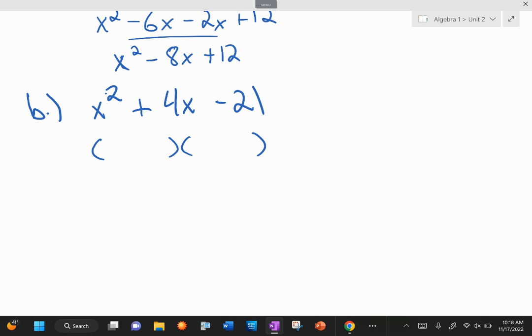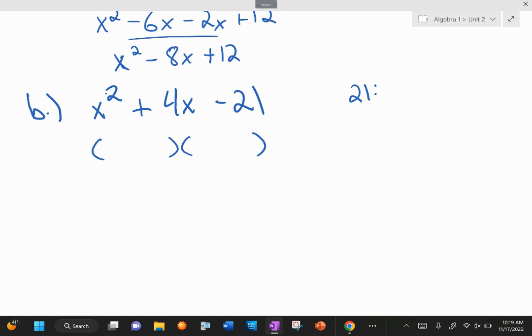Emma, what's letter B? Langston, what's letter C? 21. Brandon, what do we need to find the factors of? Okay, 21. So what are the factors of 21?